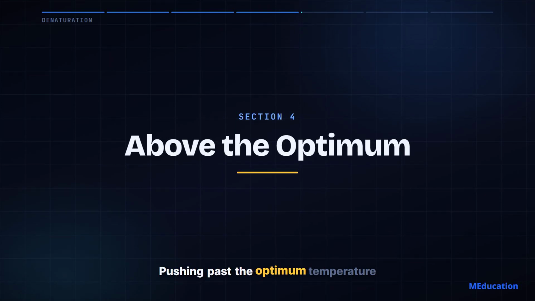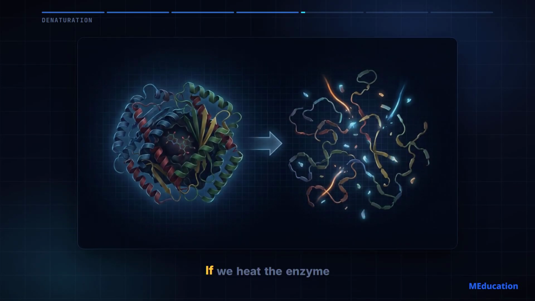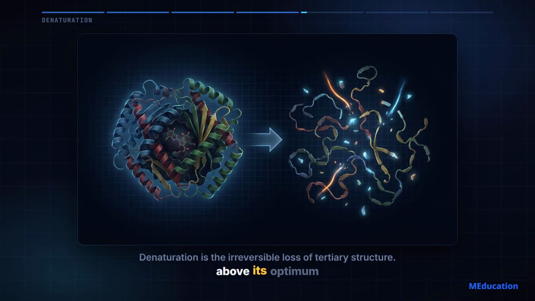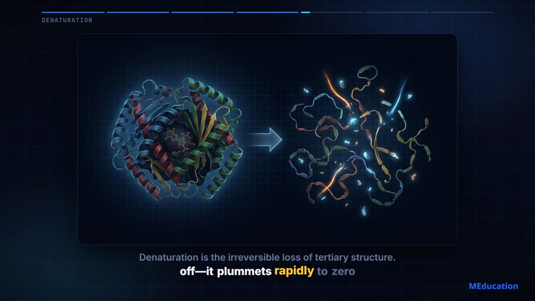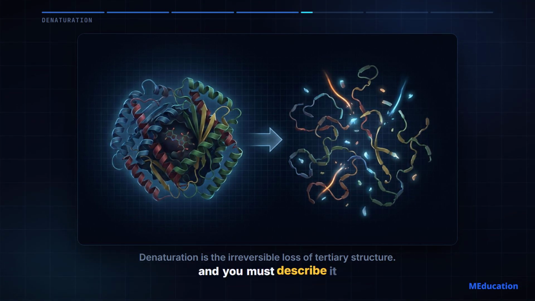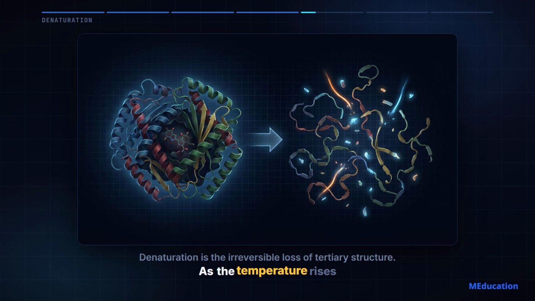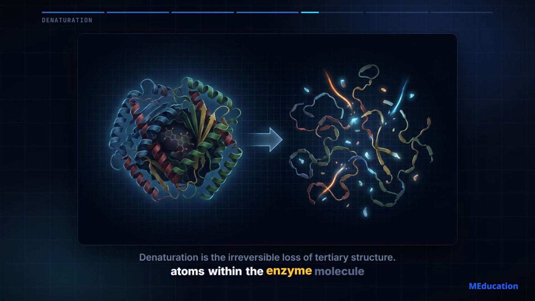Pushing past the optimum temperature triggers a catastrophic structural failure. If we heat the enzyme above its optimum, the rate doesn't just level off, it plummets rapidly to 0. This is denaturation, and you must describe it as a precise sequence of events. As the temperature rises, the heat energy causes the atoms within the enzyme molecule itself to vibrate violently.